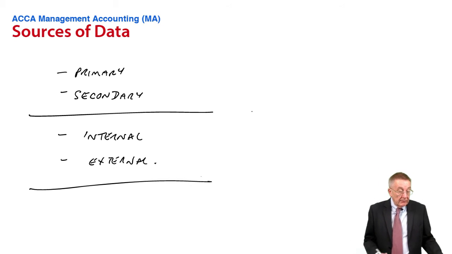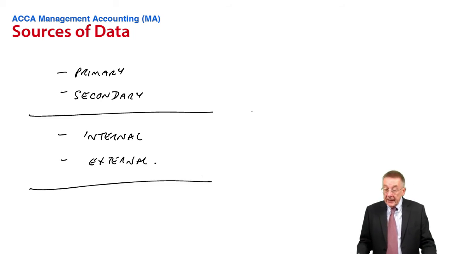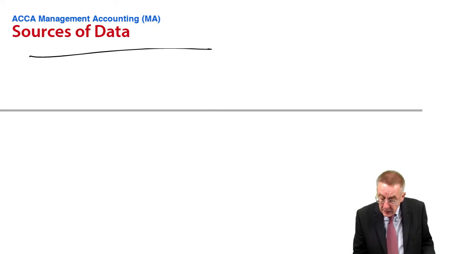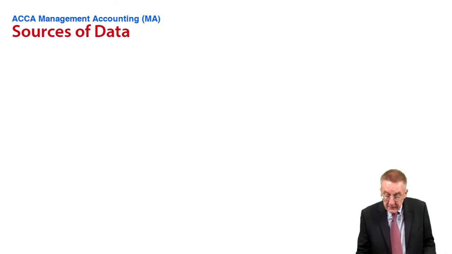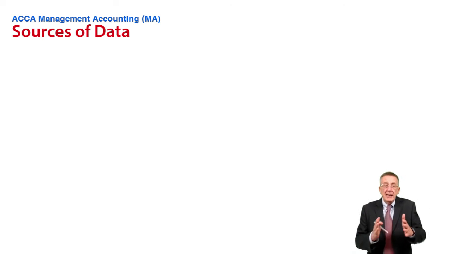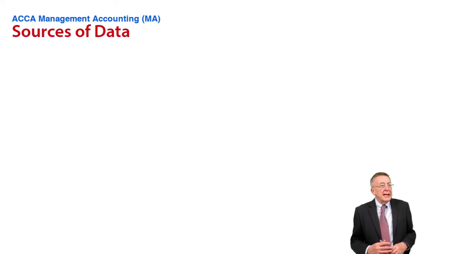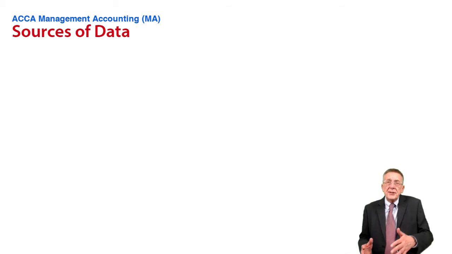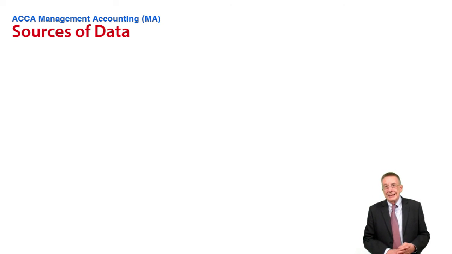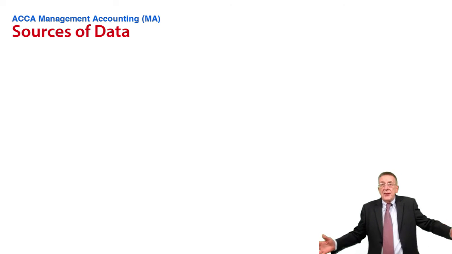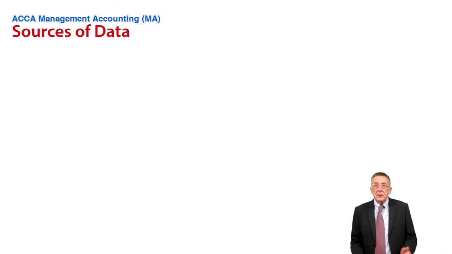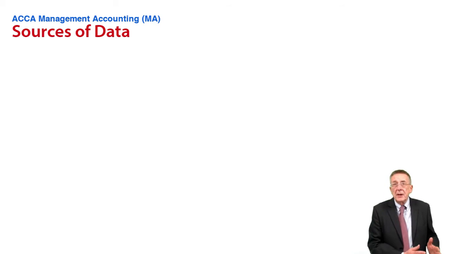Now, the remainder of the chapter is about sampling, because it's not always possible to look at every single item that's available. What I'm getting at is, suppose we want to know what customers think of our product. We may have 10,000 customers. It's not feasible to ask every single customer.